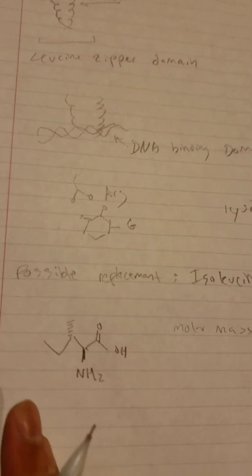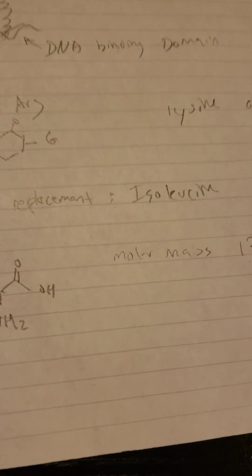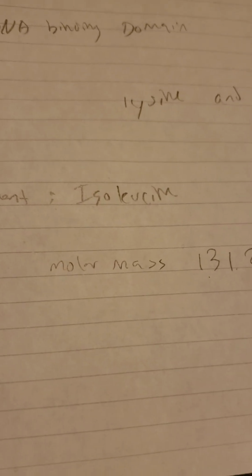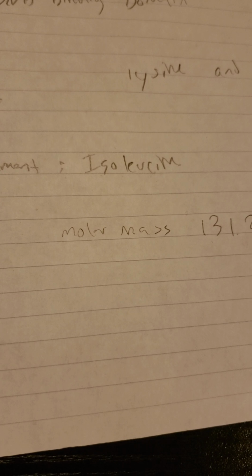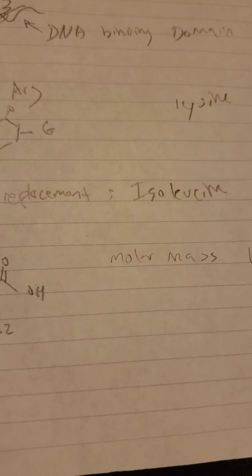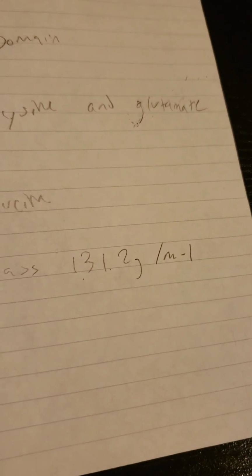A possible residue that could replace leucine in the leucine zipper would be isoleucine, because isoleucine is equally hydrophobic as leucine, and also has the same side chain length and the same molar mass. The molar mass is 131.2 grams per mole.